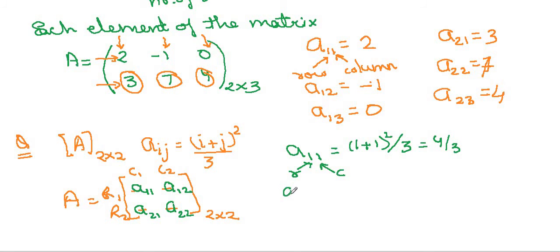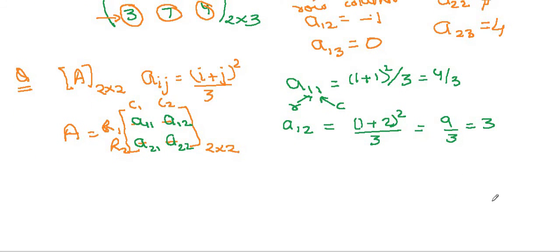Now what should be a12? Here 1 represents i and 2 represents j. So it will be (1 plus 2) whole square upon 3, so 3 squared is 9 upon 3, which is 3.